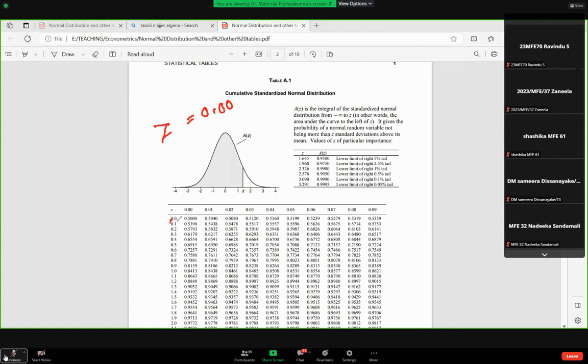Take the first 2 digits from the first column, then the last digit from the first row. The answer is this.